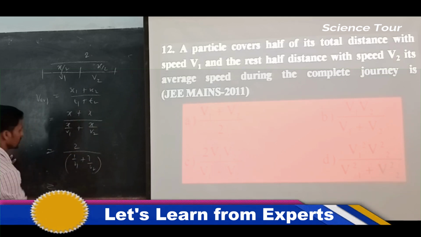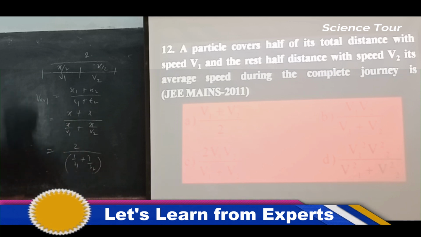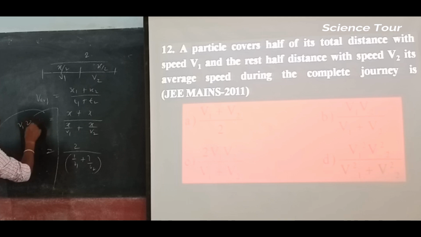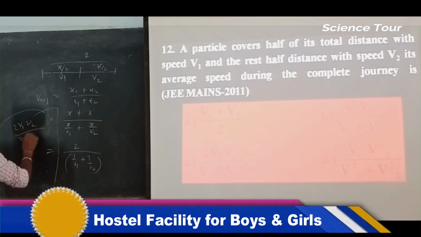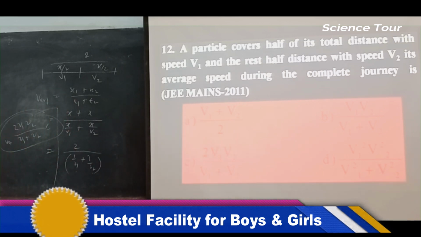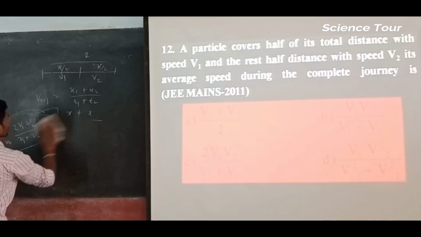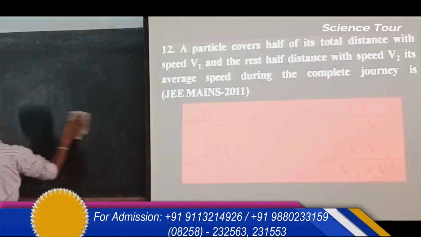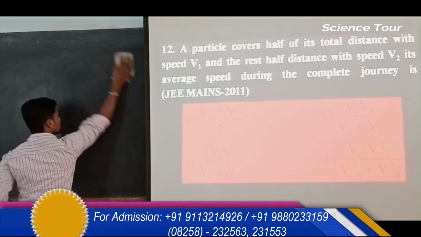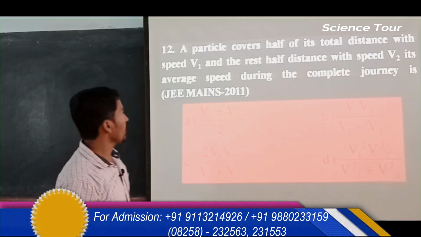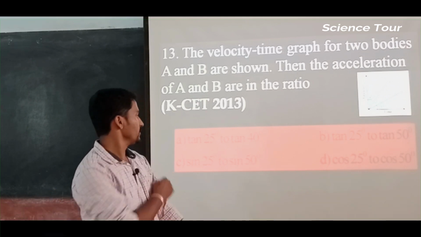This common term goes to the numerator and everything becomes V1 V2 into 2 divided by V1 plus V2, right? Yes, that we have already done in the synopsis. Okay, so find out the answers for that. Now move to the next question.